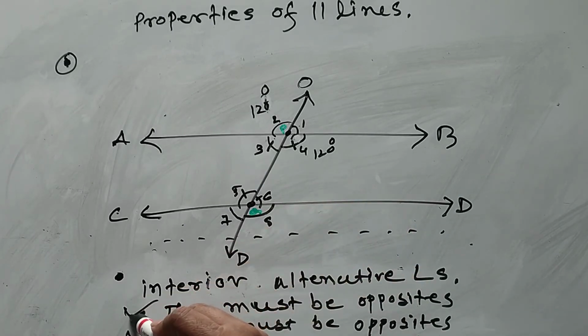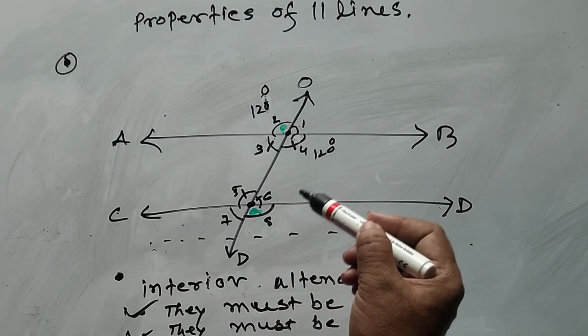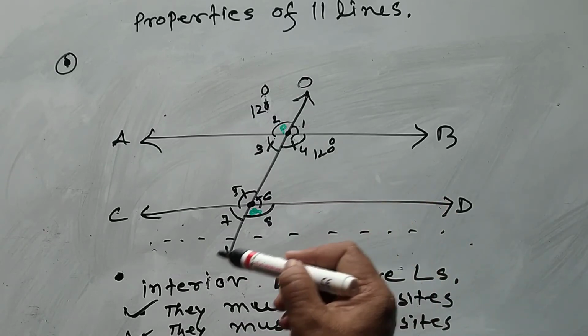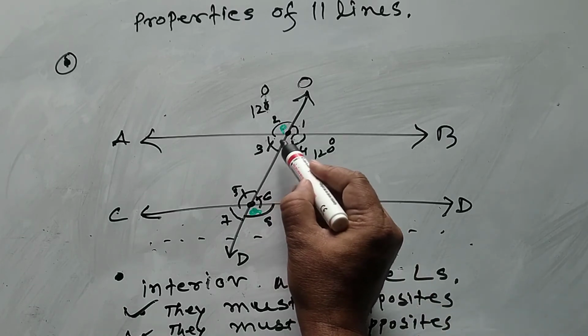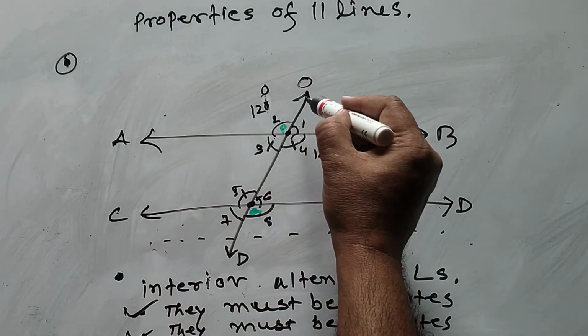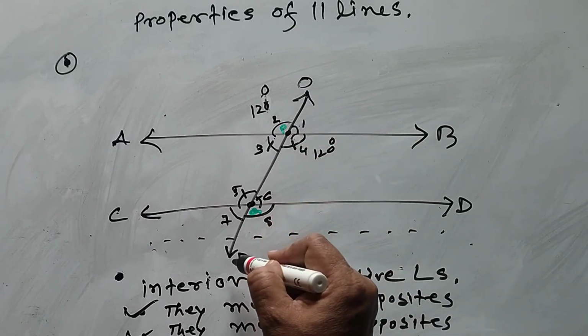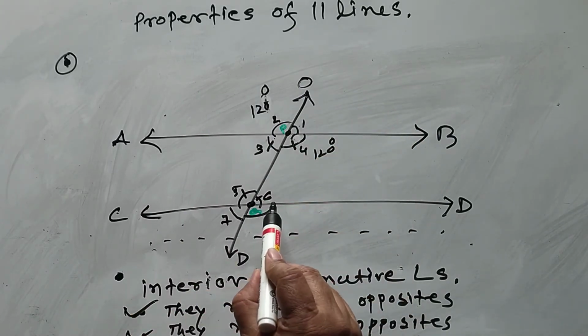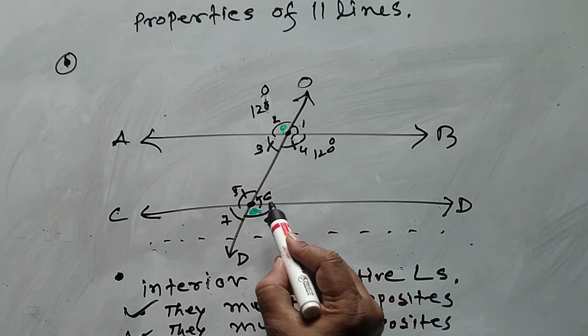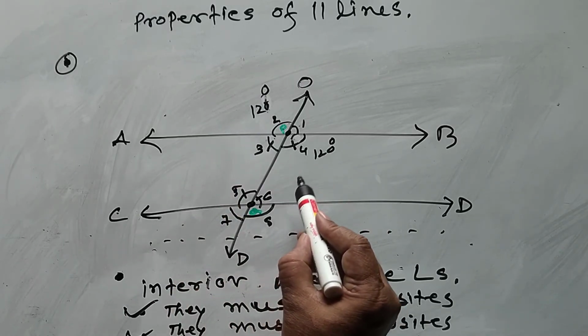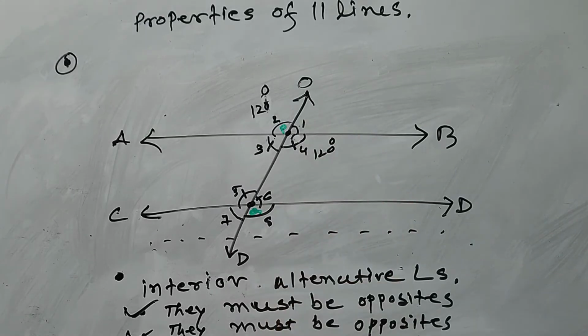The first condition is true, and the second condition, that they must be on opposite sides of the transversal: angle 3 is on the left hand side of the transversal OD, and angle 6 is on the right hand side of the transversal OD.